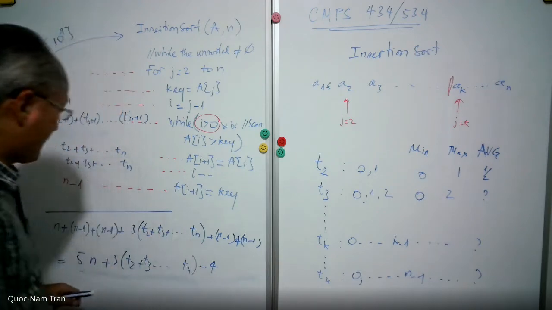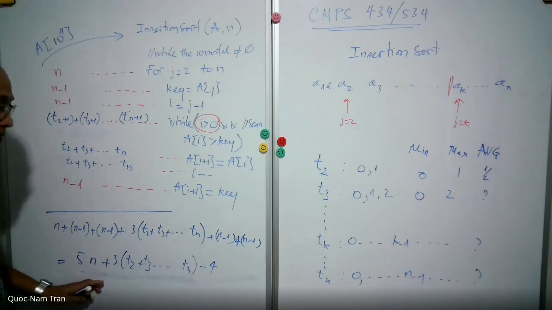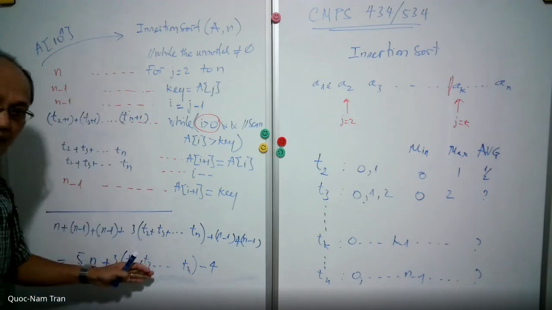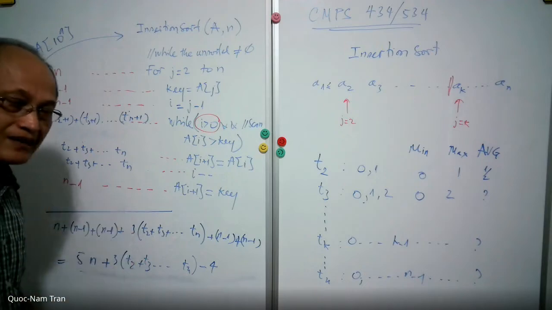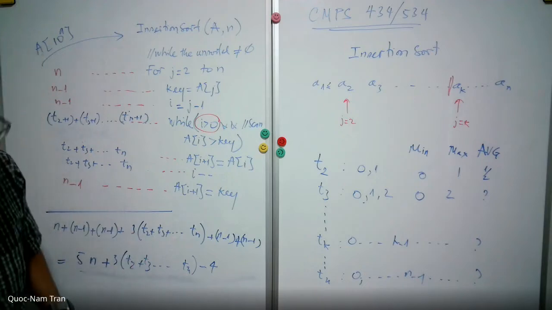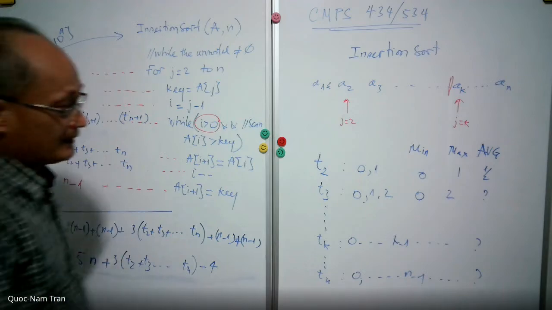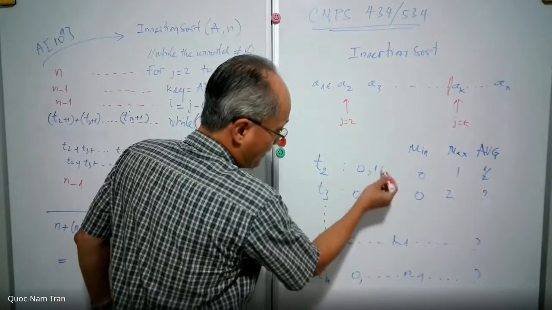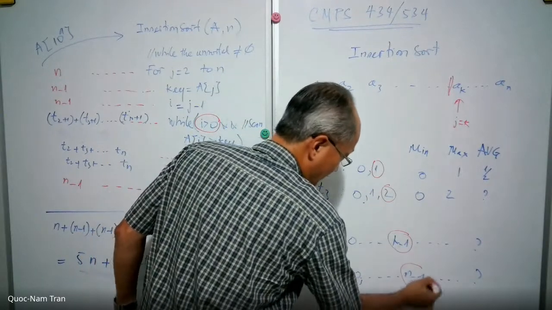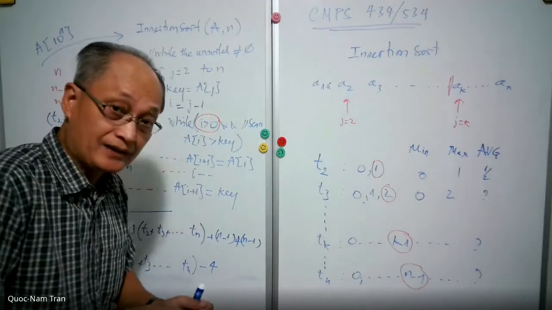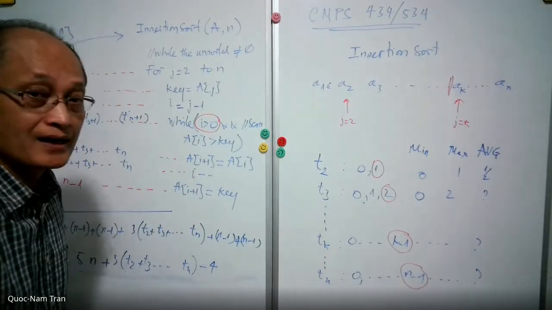So how do I know when this algorithm works slowest or consumes the most running time? That is when I have the maximum values, right?